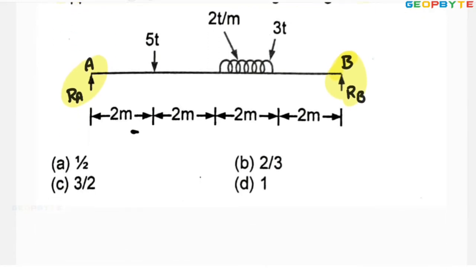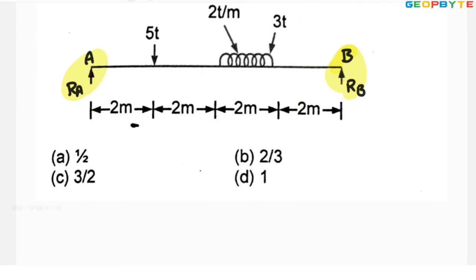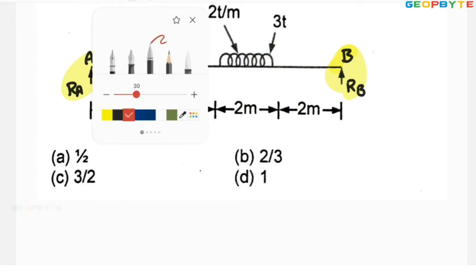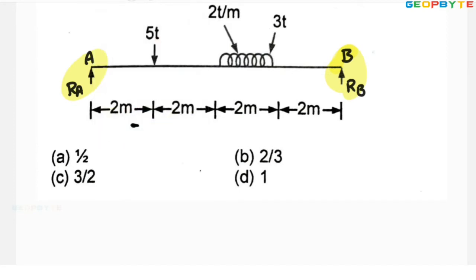For that, first let us find RA and RB separately. RA plus RB equals the sum of the actions: 5 tons plus the point load 3 tons.